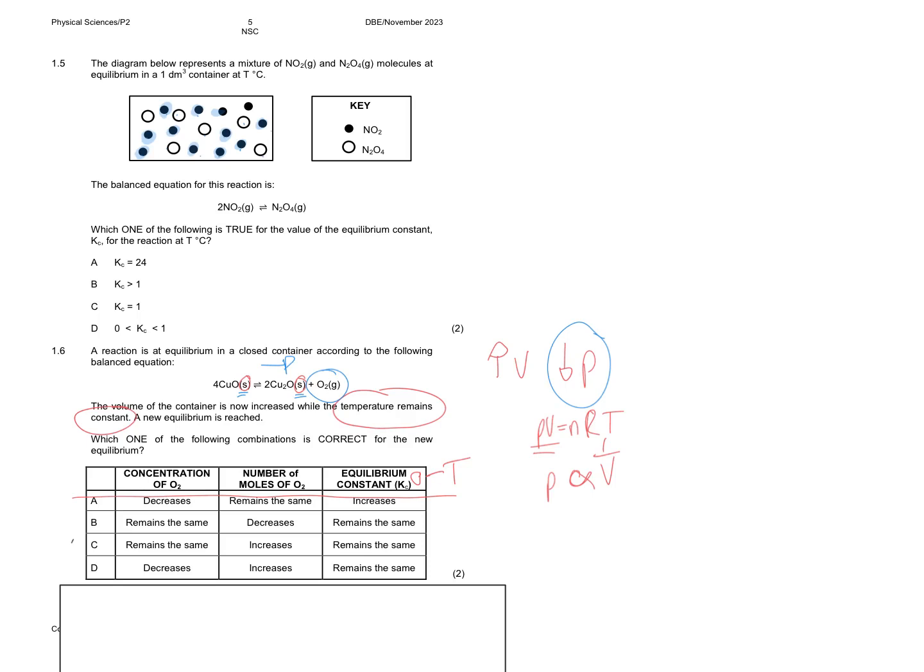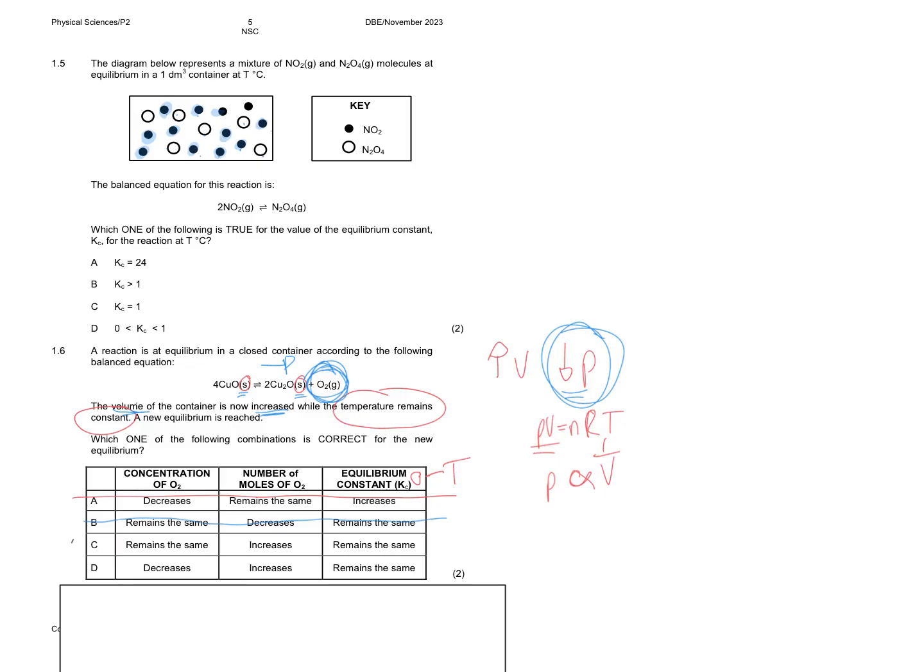So you need this to increase in order to make the pressure get bigger again, because increasing the volume made the pressure decrease, and so now the reaction wants to increase the pressure again by making more gas. So the number of moles of oxygen will definitely increase, and the concentration of the oxygen gas.